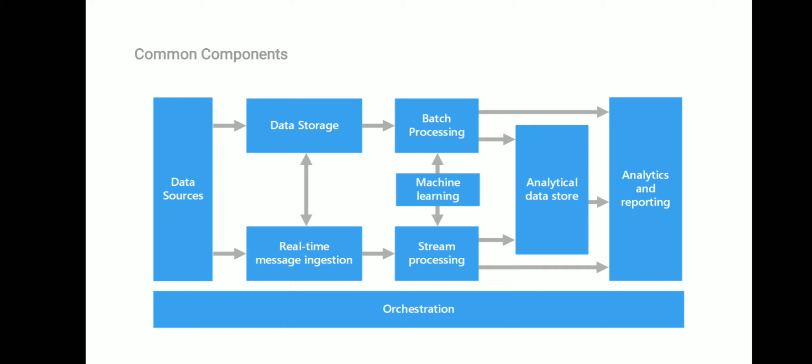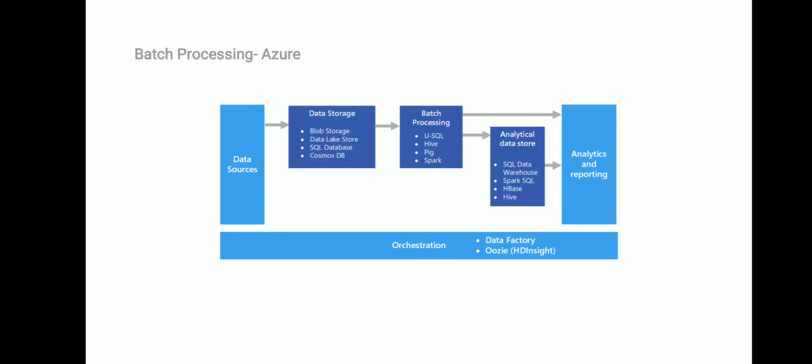There is no convergence, but the speed layer processes the data, and then the analytics client can use it in order to analyze it. Okay, so let me go to the batch processing on Azure.